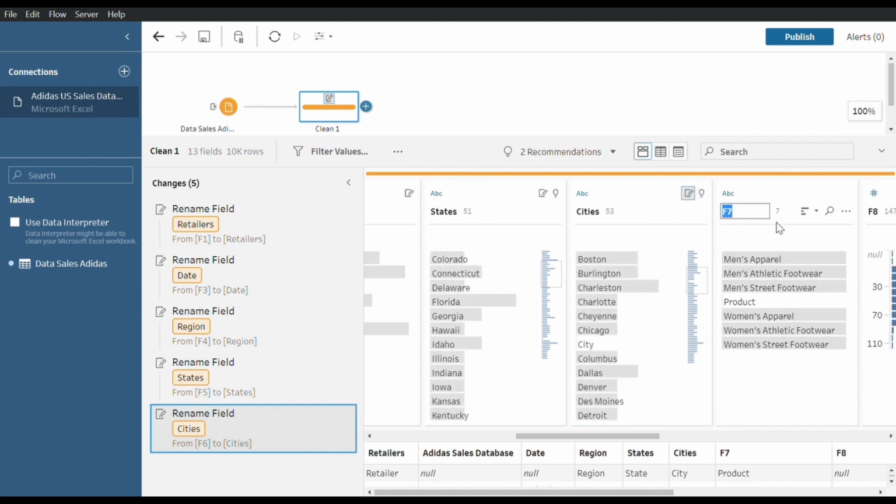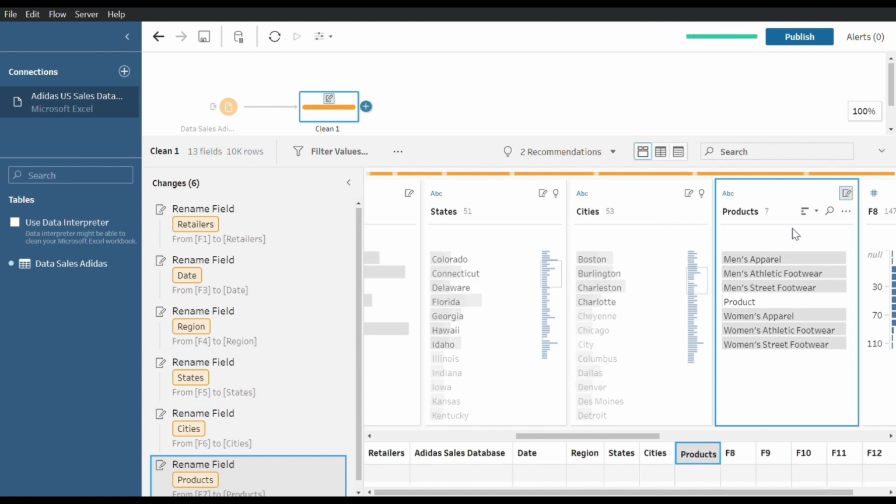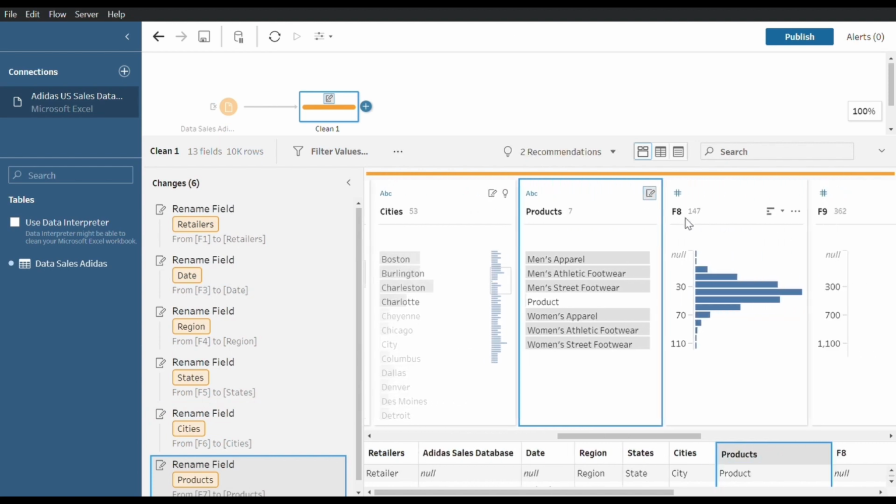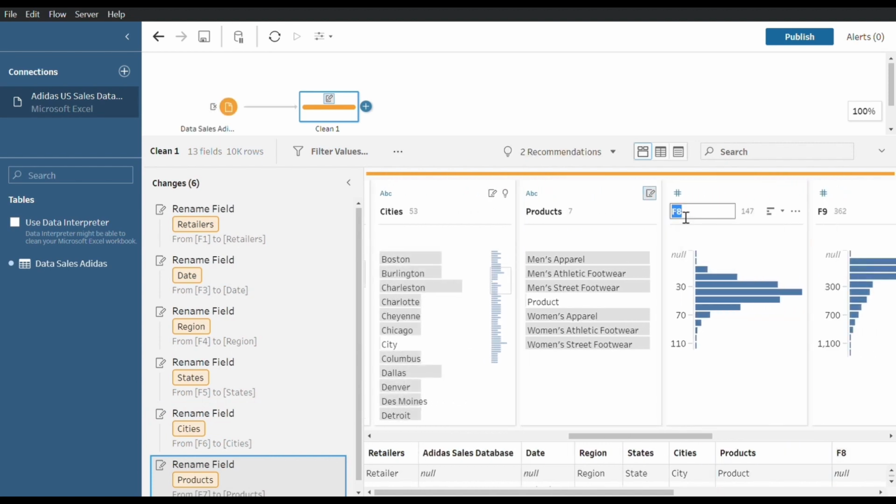Yeah, men's apparel. So we name it products. This next one right here is the price per unit. So we rename it price per unit.